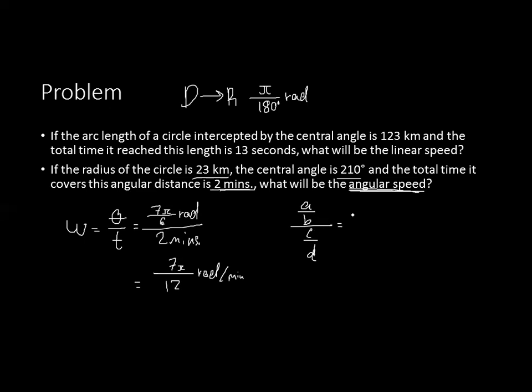The simplified version is AD all over BC. Let me explain why. You multiply the outer terms, or the extremes, A and D. So A times D is AD, that is for your numerator. For the denominator, multiply the inner terms, or the means. So B times C is BC. That is how you do it.